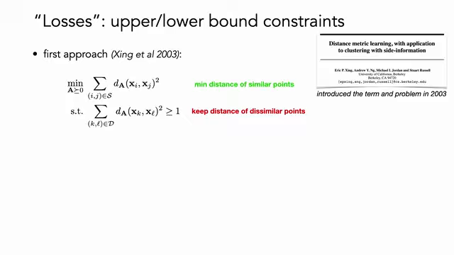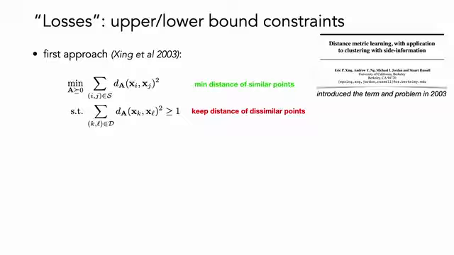So here, we want to find positive semi-definite A such that we minimize the distance between similar points, between those pairs that are known to be similar, while making sure that there is at least a distance of 1, or some epsilon, between dissimilar points. So you're bringing the things that are similar as close together as possible while enforcing at least some margin around any point and any other point that is dissimilar to it.